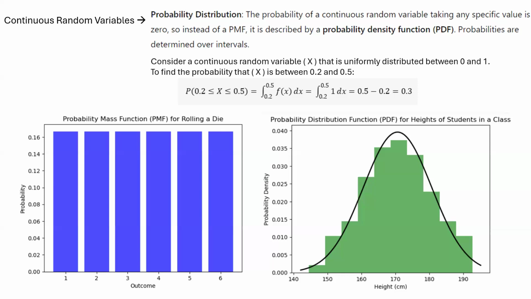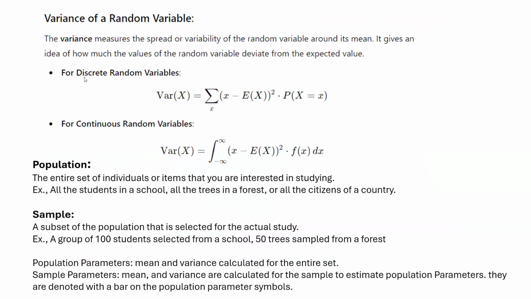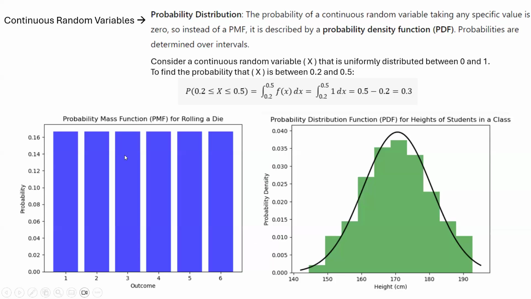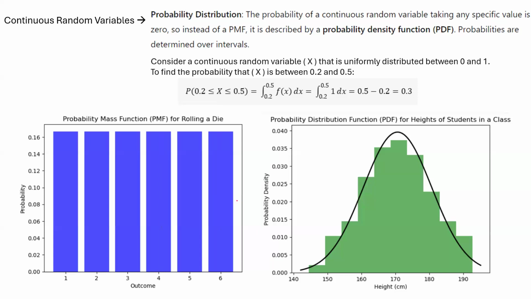For ages, if you want to study people beyond age 80, you just integrate from 80 to infinity, or 100, whatever it is. If you want to study ages from 40 to 50, you just integrate the probability density function from 40 to 50. So that is what probability density function is all about.